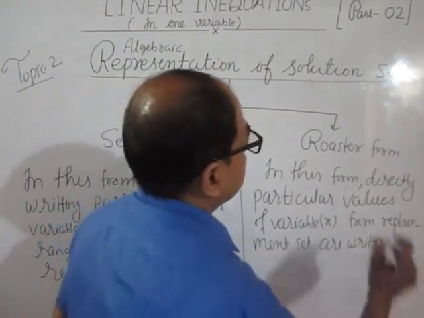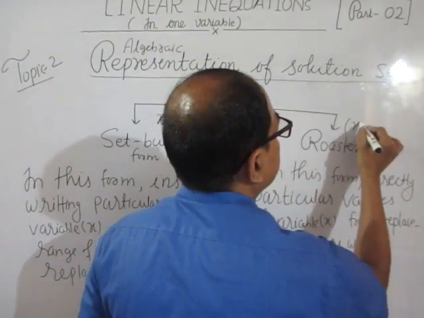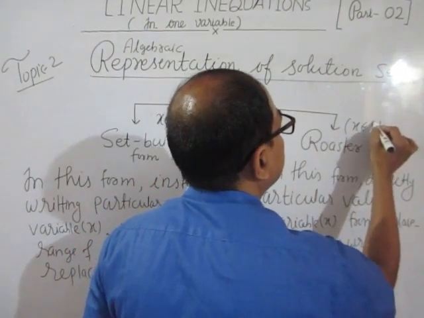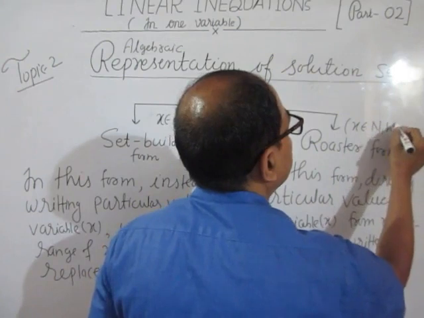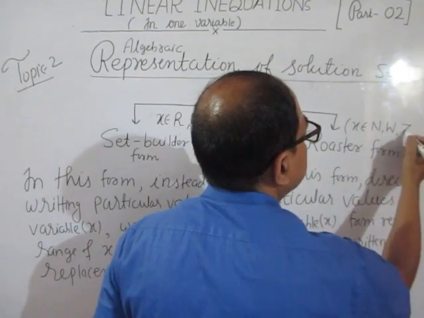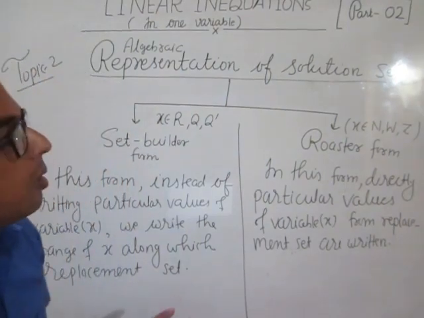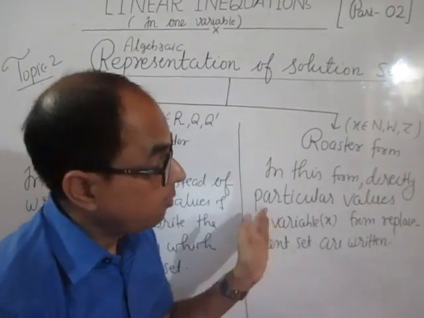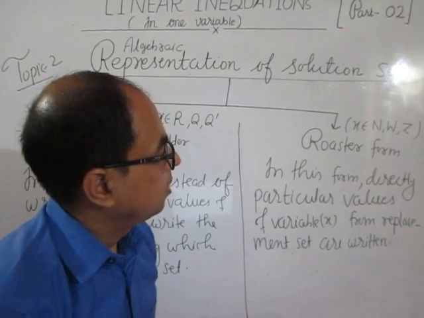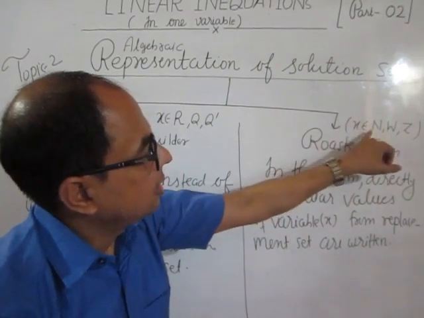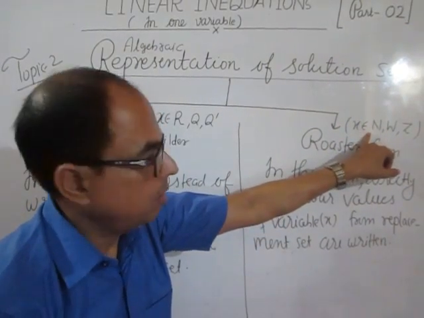Now, suppose in the question the replacement set is natural numbers or whole numbers or integers, so in this case we are able to make the list of numbers between two numbers. So in this case you have two options.